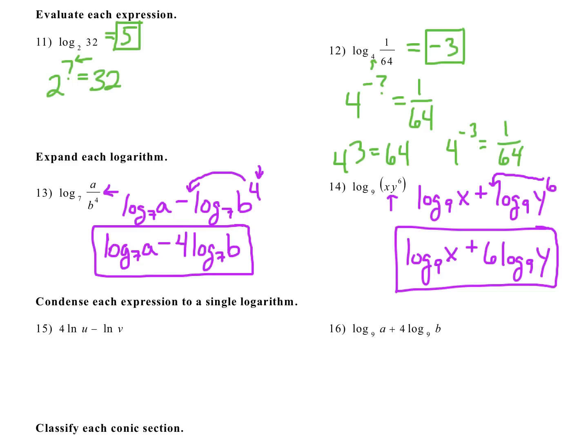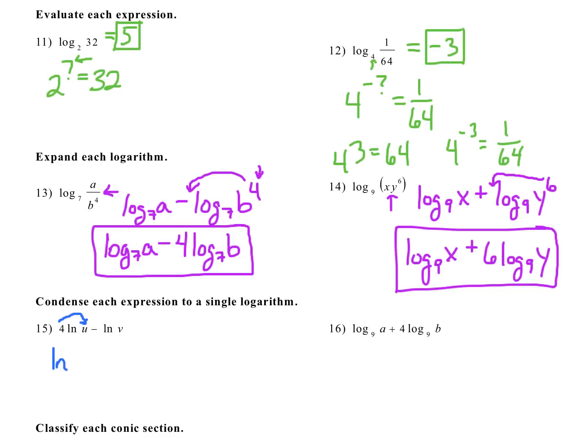For numbers 15 and 16, now we're going to condense, which is obviously the opposite of expanding. So we have expanding and condensing. So we're going to work our way in reverse. We have a power property, so I'm going to take that 4, that's a coefficient, and it's going to become the exponent.